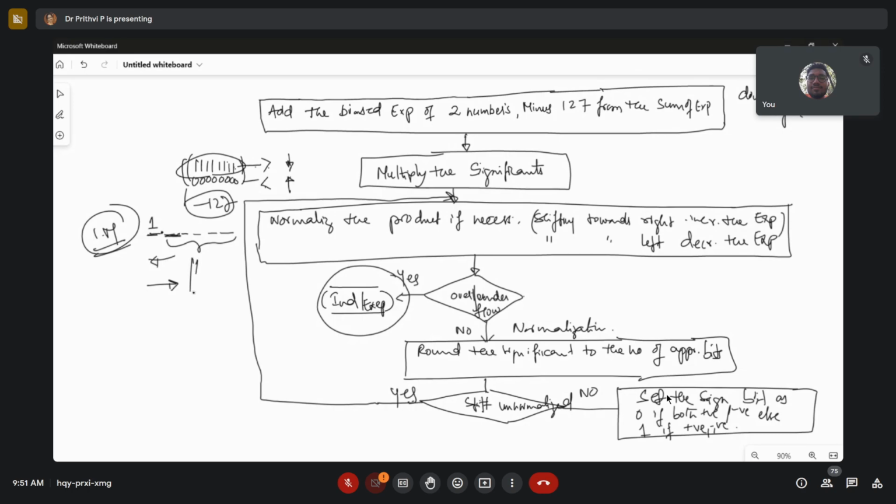Doing so, is this normalized? Normalized means you are getting the 1 point m format or not. If not, again you have to redo the positioning of the values. Okay. Yeah.